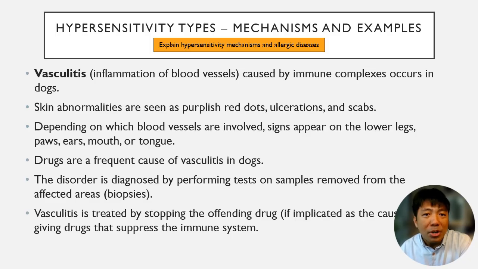Drugs are a common cause of vasculitis, and the condition is diagnosed through biopsy of affected tissue. Treatment involves discontinuing the offending drugs or using immunosuppressive therapies to manage the condition.